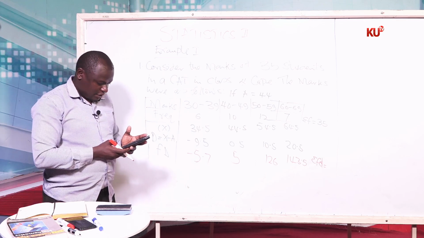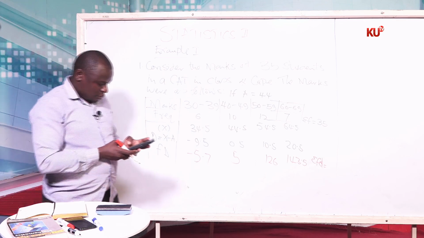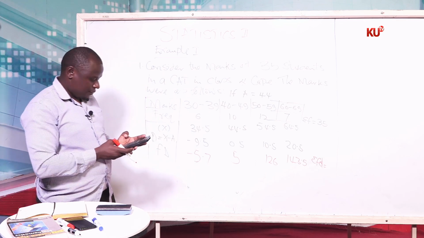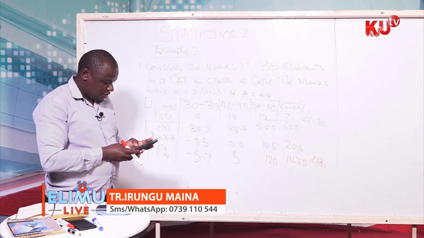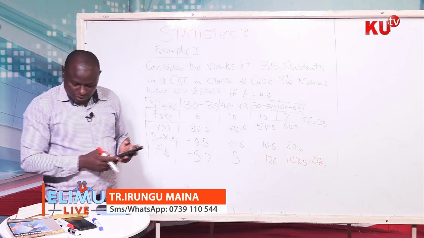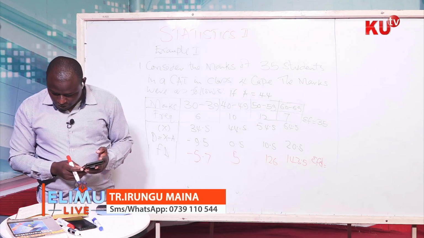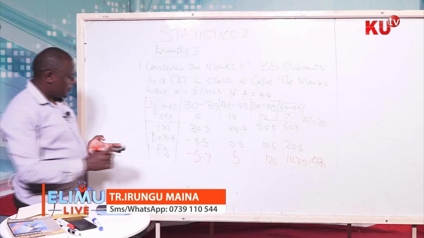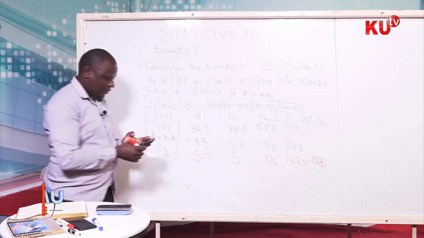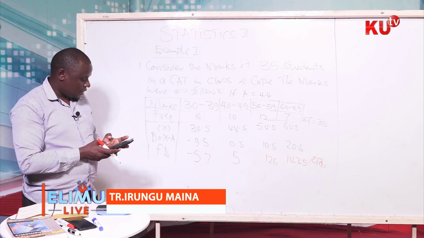143.5 plus 126 plus 5 plus negative 5.7. And you will end up with negative 5, not 5.7. This is 57, sorry. I beg your pardon. Let's add them again.